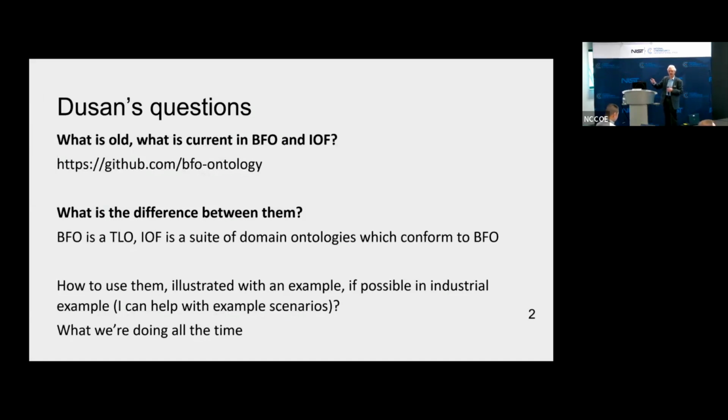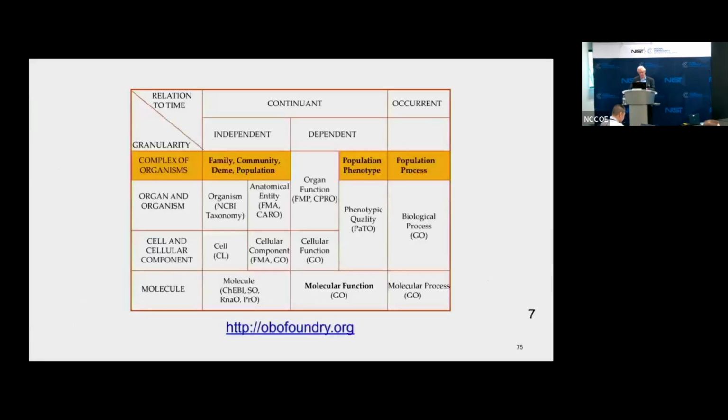So the strategy that we developed is a strategy for creating suites of domain ontologies with BFO at the very top. And now, what we've been doing for years is creating examples of how BFO is used in different domains, like the industry domain, which we're talking about at this meeting.